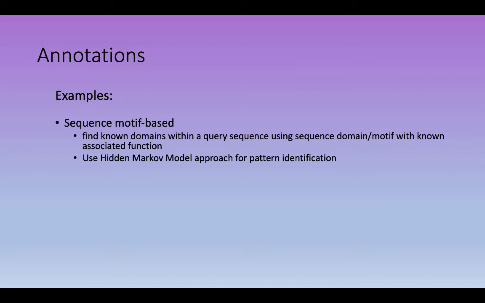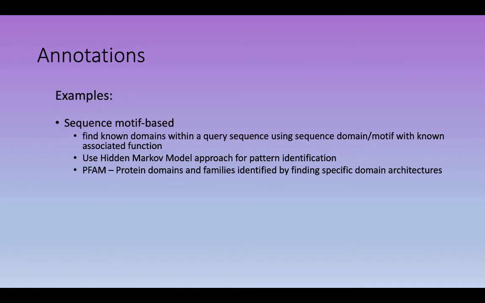And so in these cases, we're not necessarily trying to match a specific sequence and do a sequence alignment. We're looking positionally and trying to see whether or not the progression along a sequence matches a pattern that we would associate with another known sequence domain or function.